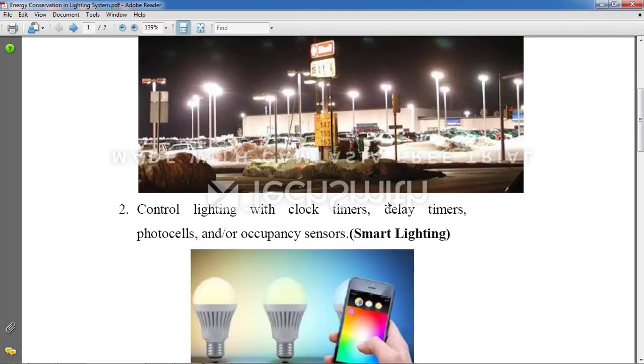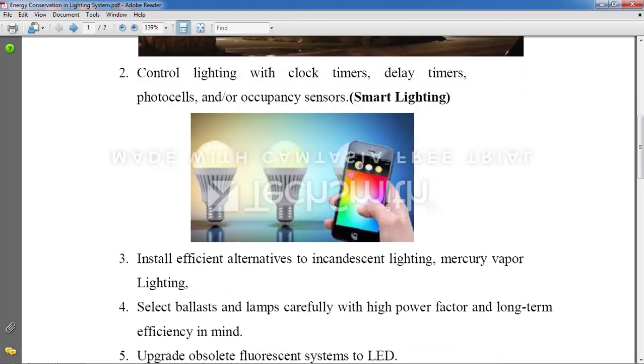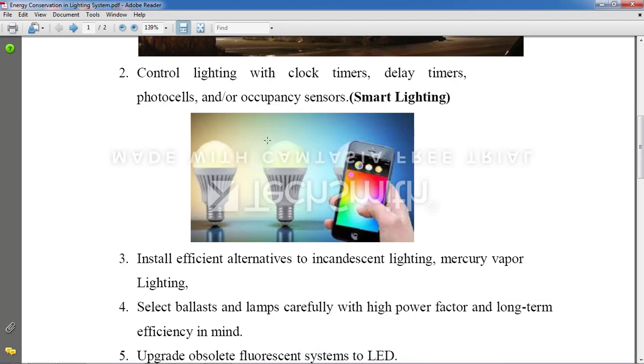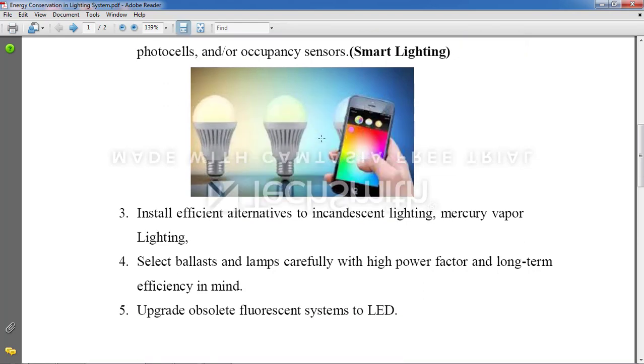Now the second point: control lighting with clock timers, delay timers, photo cells, and or occupancy sensors. Nowadays you may have seen the ad on television that you can control your home lighting using your mobile. This is called a smart lighting technique.